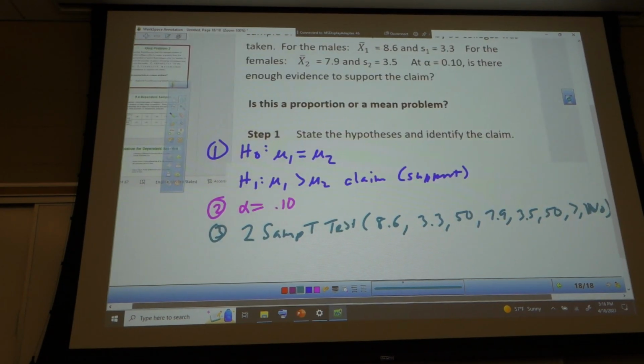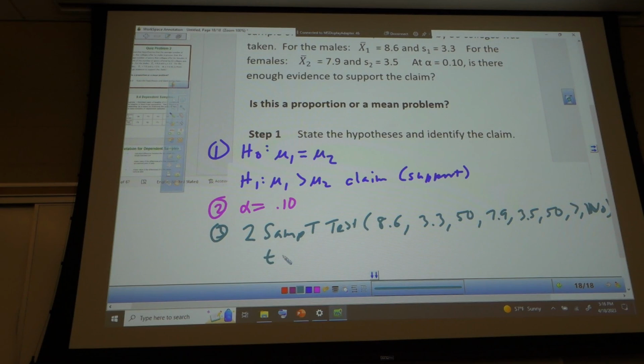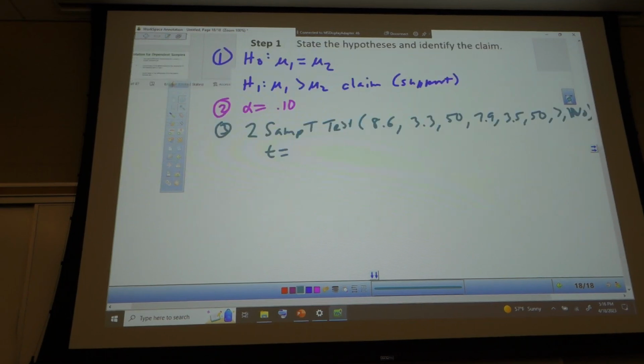Alright, so then you ended up with a t-value of 1.03, and a p-value of 0.153.